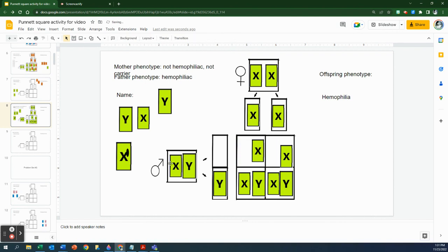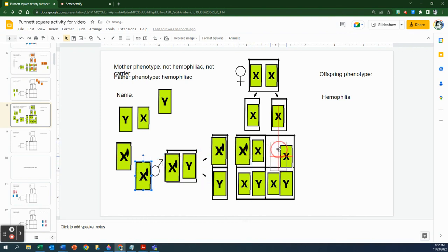Because he's a hemophiliac, so he's got the broken X chromosome. So here's the broken X chromosome, here's the broken X chromosome in the sperm, and then here's the broken X chromosome as it's being passed along to each of the individual matings.